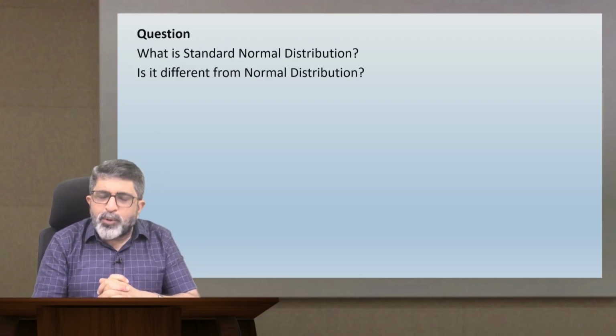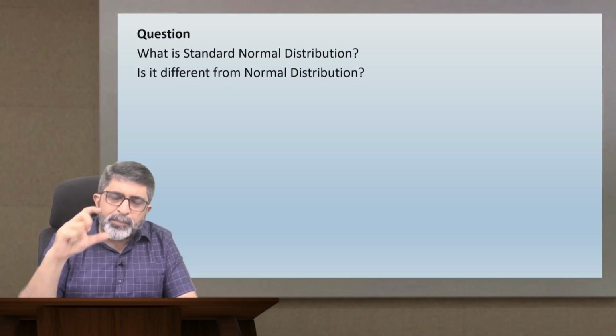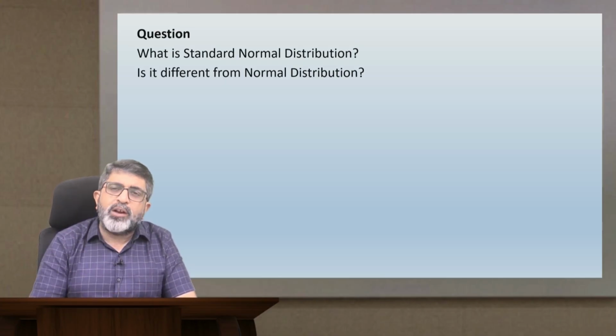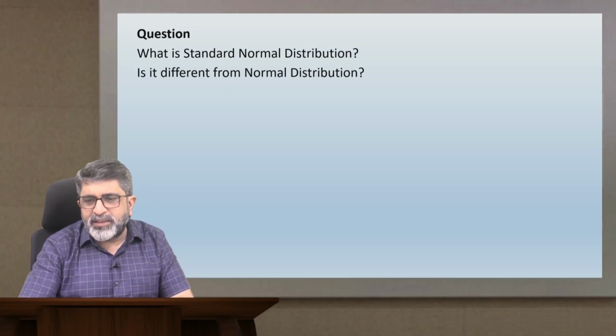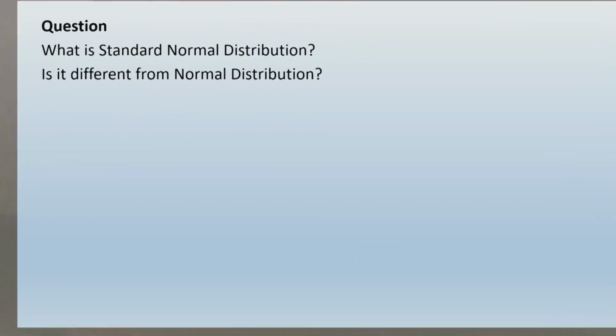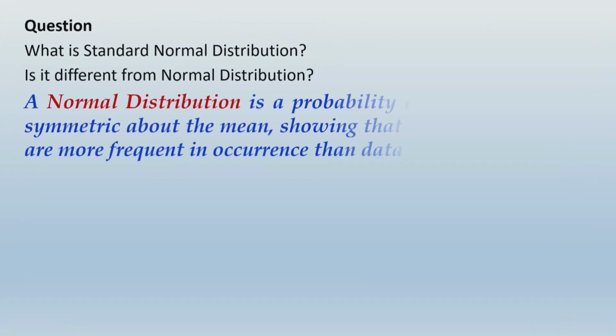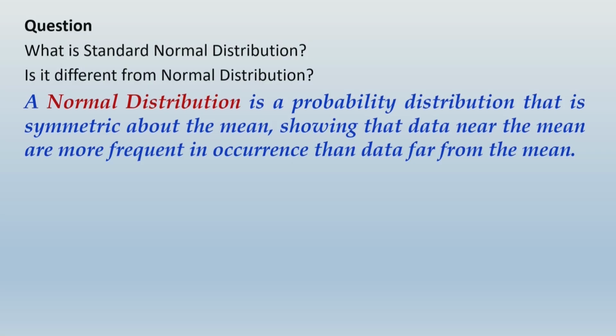So let me put forward the whole descriptive answer to this particular question along with the example that I have just discussed with you. So you will write: a normal distribution is a probability distribution that is symmetric about the mean, showing that data near the mean are more frequent in occurrence than data far from the mean.